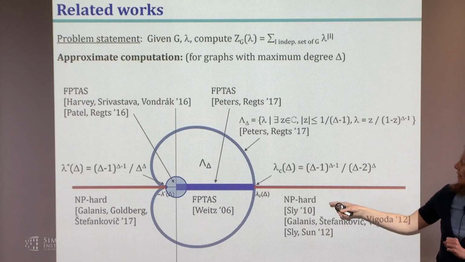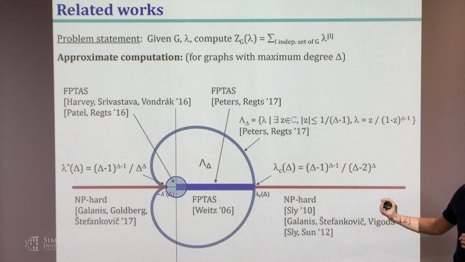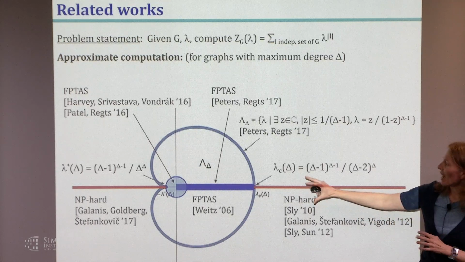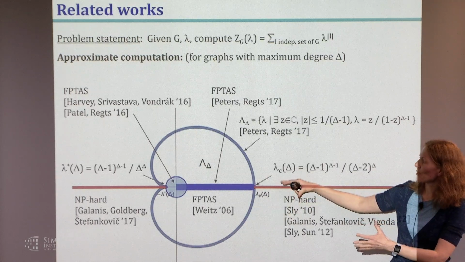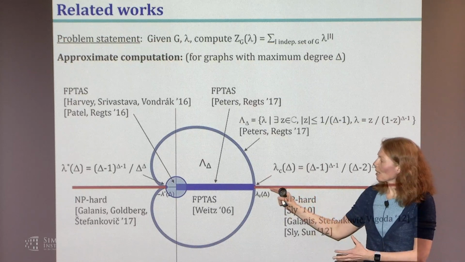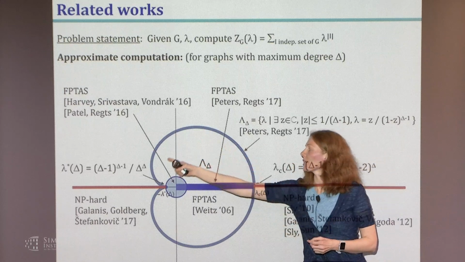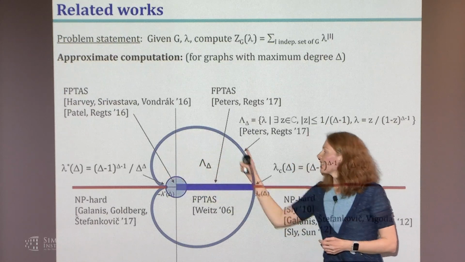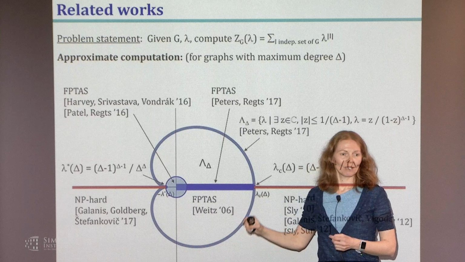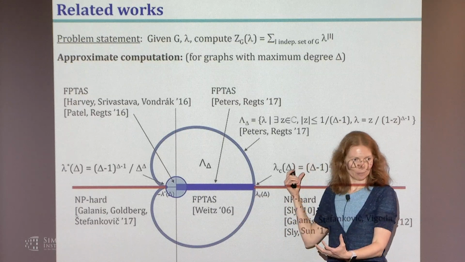I'll talk a little bit about that in a second. But the original intuition was that maybe we could have polynomial time approximation algorithms for lambdas drawn from this cardioid shape and not outside.